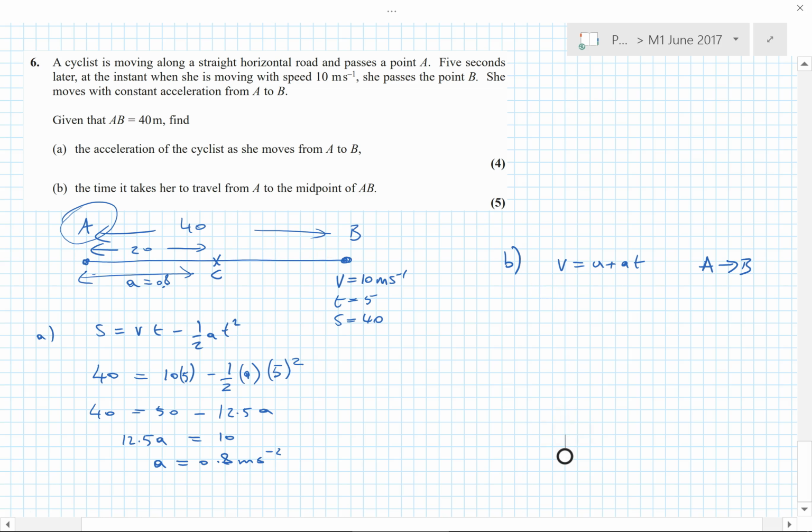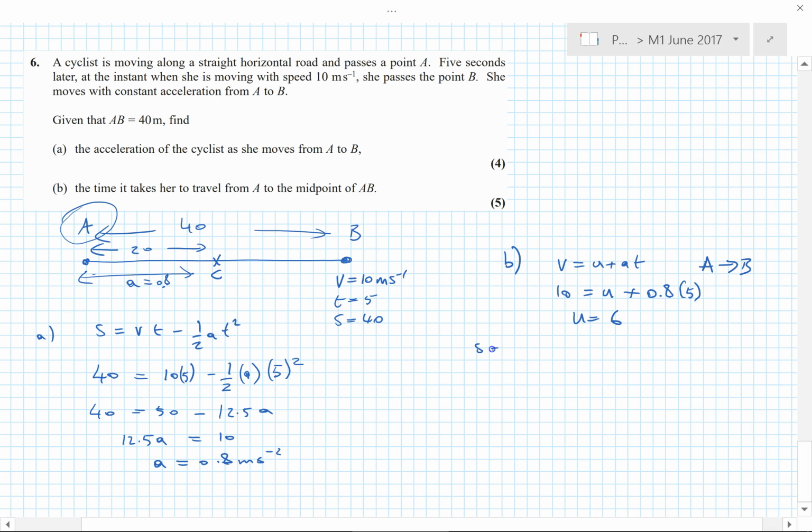Now the velocity at B is 10, and u is what we're trying to find out. a we now know is 0.8, and we know the time taken for that is 5 as well. So that just gives us u equals 6. Okay, so we've got u equals 6. Once we've got that, it should fall out quite nicely.